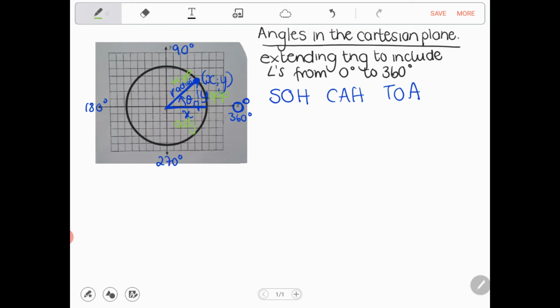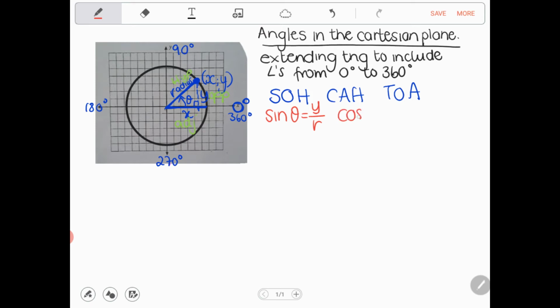So sine of theta, which is normally opposite over hypotenuse, would be y over r, because y is the opposite and r is the hypotenuse.